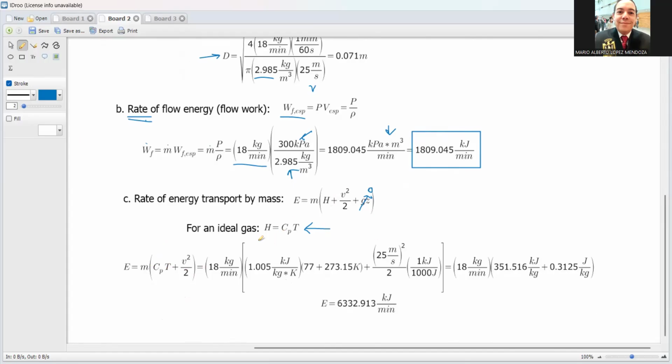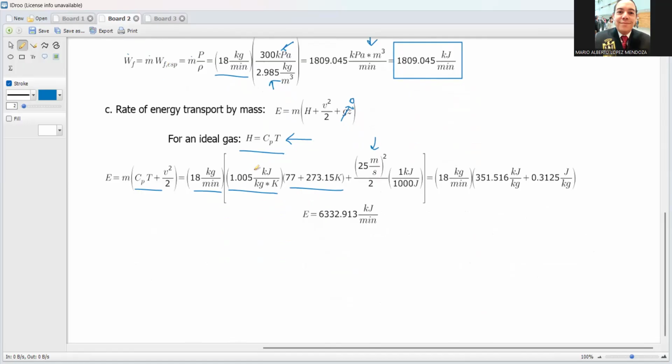I can use this formula to write the enthalpy in the energy equation, and we just need to substitute. We know the mass flow rate and the heat capacity. Remember, we need to substitute the temperature as an absolute quantity, and the velocity. Here we have an important fact.